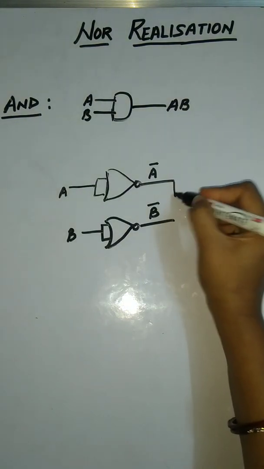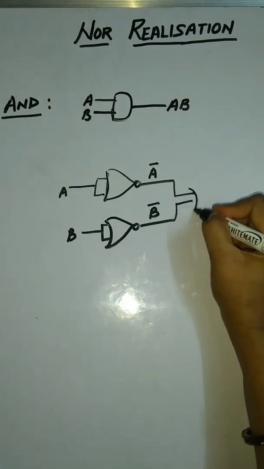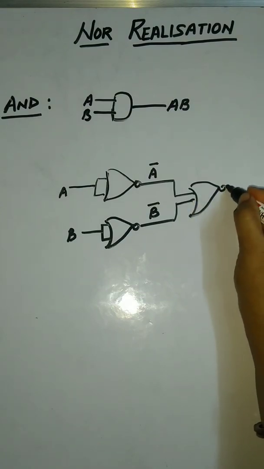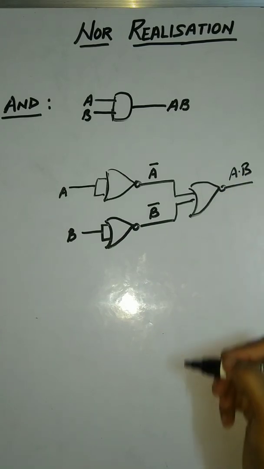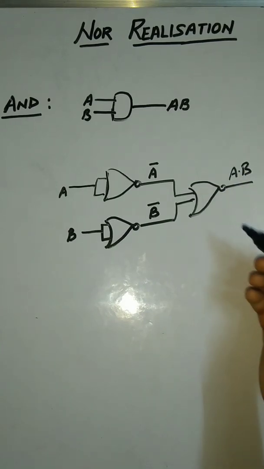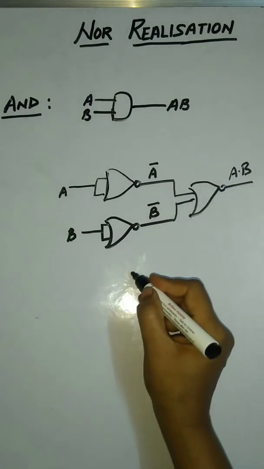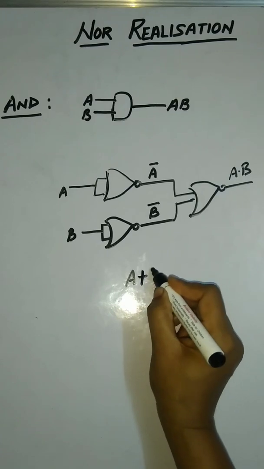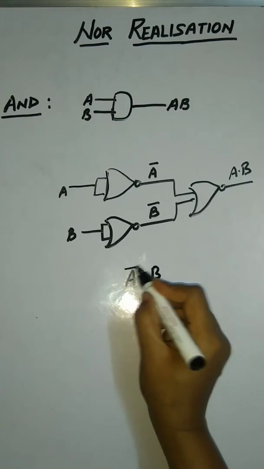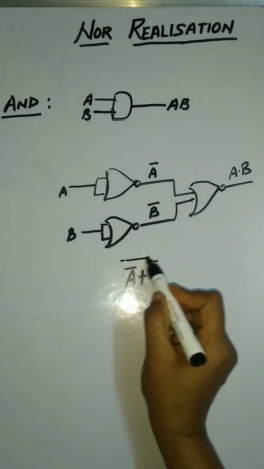After this we are passing this input to another NOR gate, and we are getting A dot B. We can prove it. A dot B, according to De Morgan's law, we can write as (A bar + B bar) whole bar.